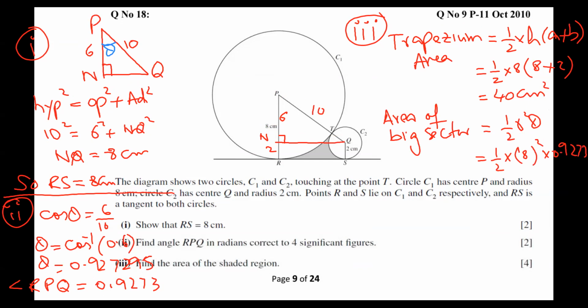Let me check: 64 divided by 2 times 0.9273, and I'm getting the value 29.6736 centimeter square.